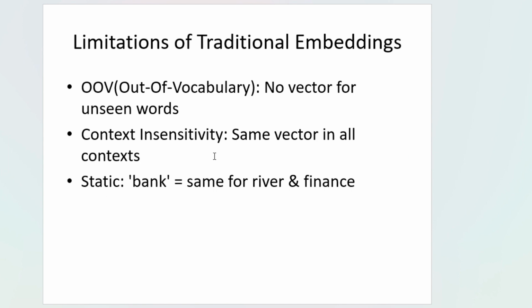Then context insensitivity: the same vector is used in all contexts. It is static. Take bank. There are two types of banks. The bank is where we store money in the financial sense. And in geography, the bank is the river bank, the sides of a river.